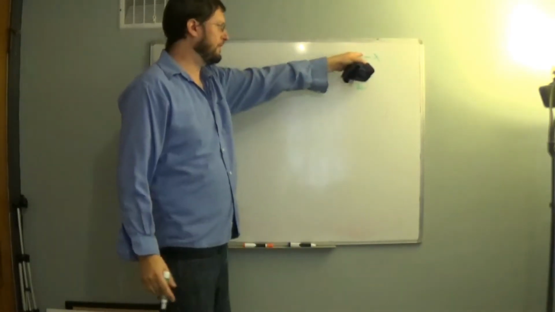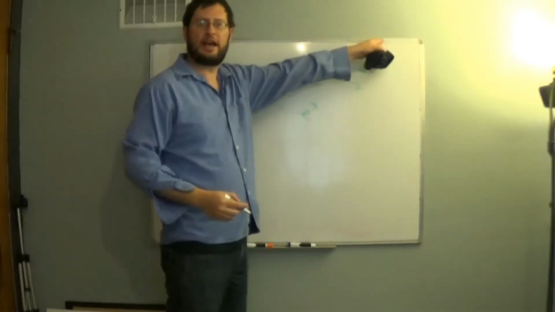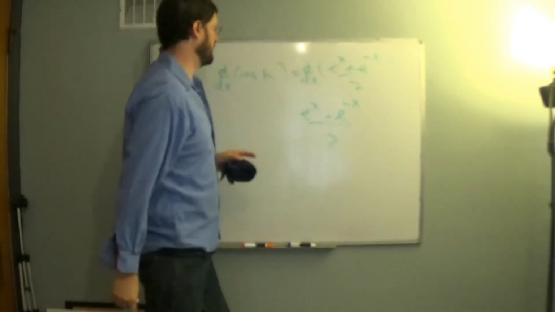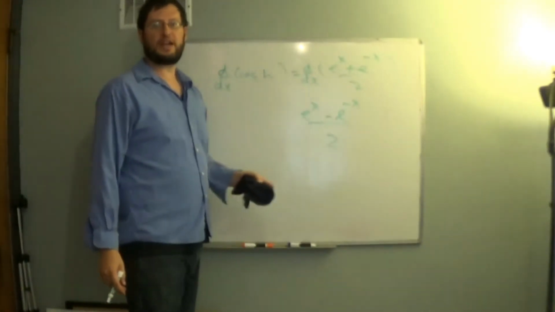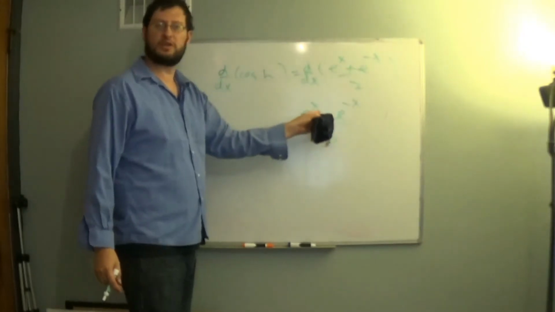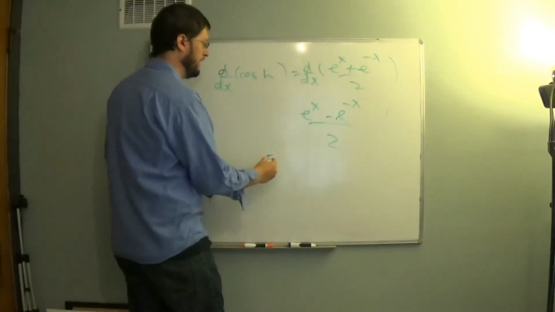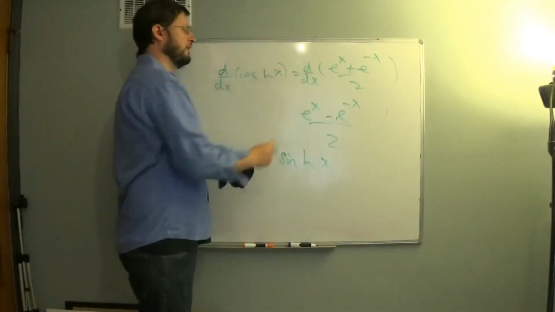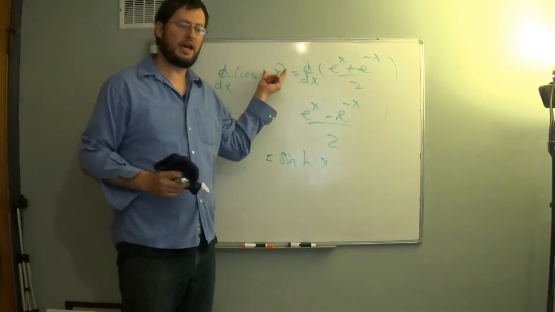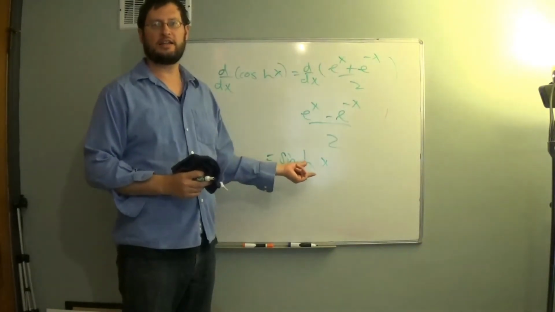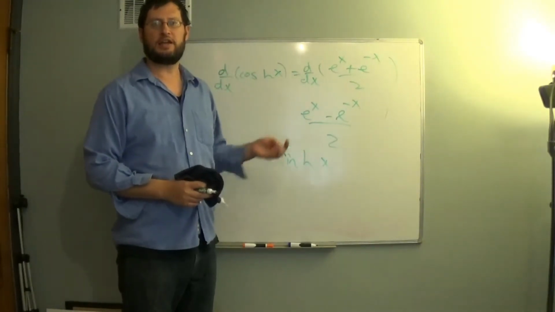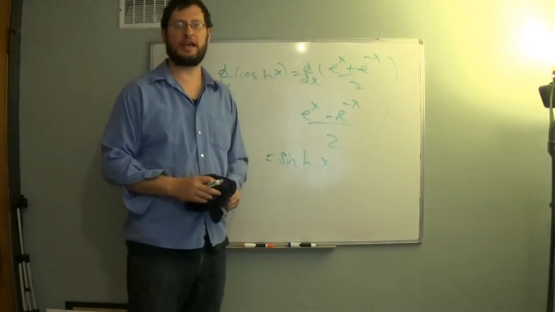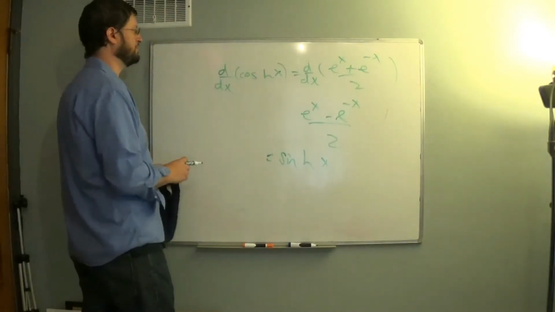When I take these derivatives, the e to the x is e to the x, now the minus comes down, and it's minus e to the minus x, still over 2. There's no extra negative sign out front, because the negative really serves to change the sign in there, and this is hyperbolic sine on its own. So the derivative of hyperbolic cosine is just hyperbolic sine. That's different than in trig, because the derivative of cosine is negative sine. That negative does not show up when we're looking at the hyperbolic functions.